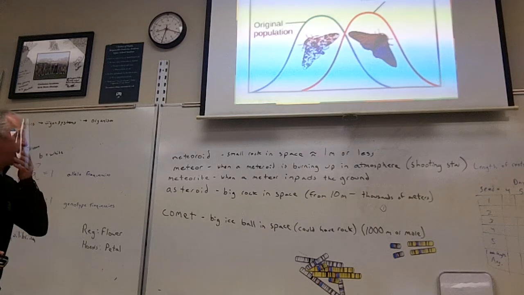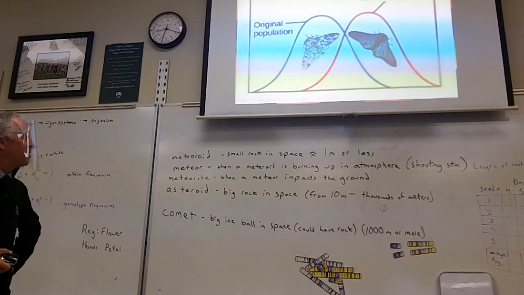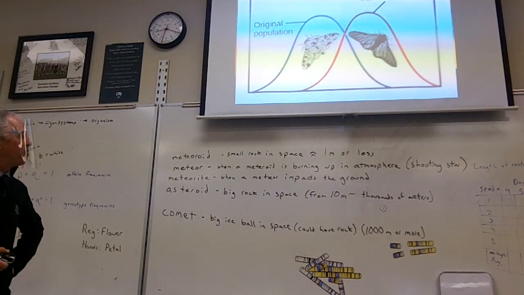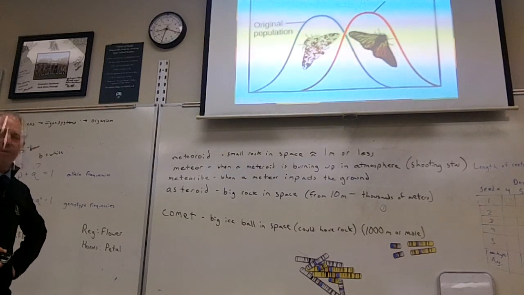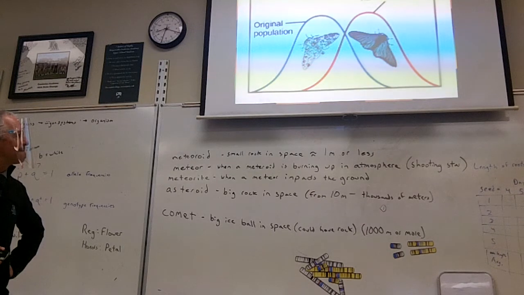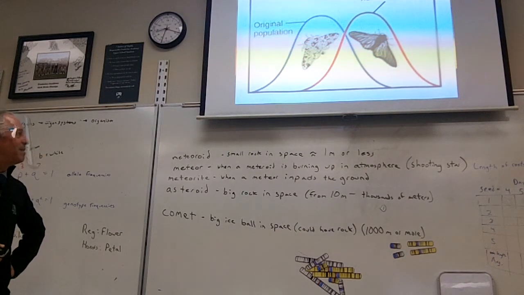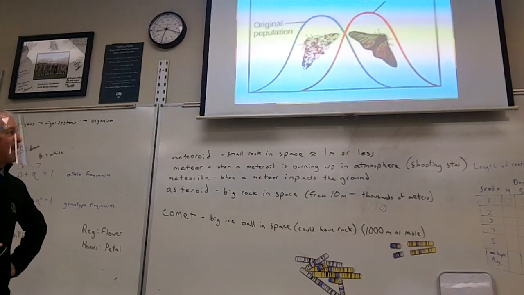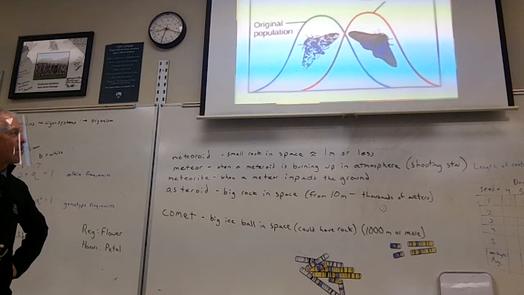Oh, here's an example of directional selection. These peppered moths. Remember, the peppered moths started out light colored. Did we go over the peppered moths in this class? Yeah. It's because of the factors in the wood. So the peppered moths look like this to start out with. Here's the wood.